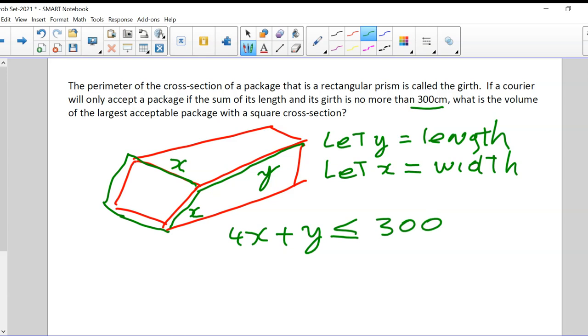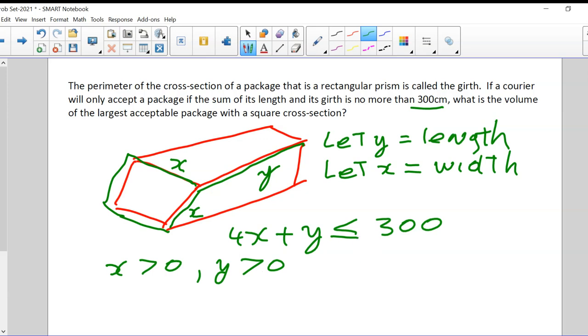Now, it does mean that also x and y have to be positive, so we can also put some limitations on that, right? And we should also note, let me write that down. X has to be greater than 0, and y has to be greater than 0. Not greater than or equal to, but greater than 0. We know that.